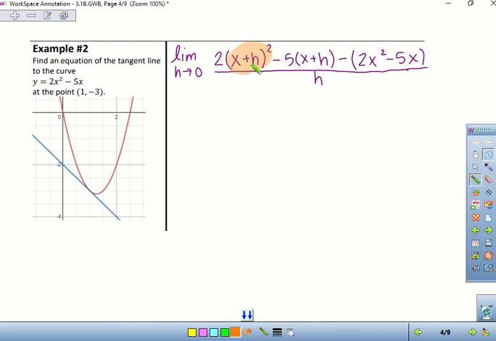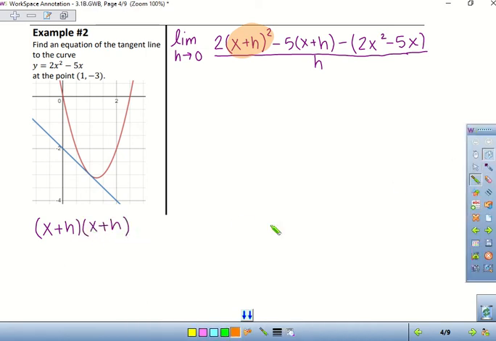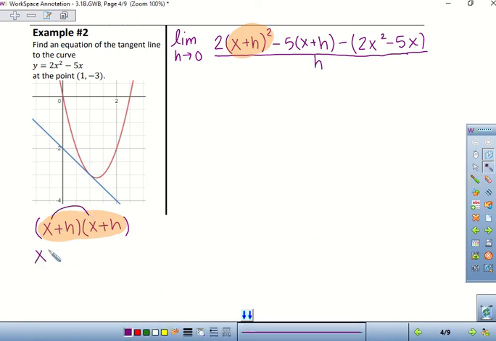So I know that for this I need to FOIL it out. I'm going to do x plus h times x plus h. You're going to see this one come up a lot, so like I said, sometimes it's just helpful to memorize what that is. X squared plus hx plus hx plus h squared.